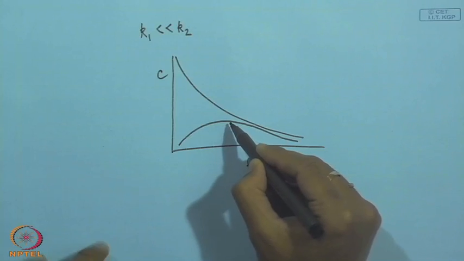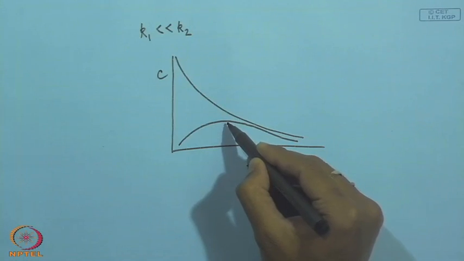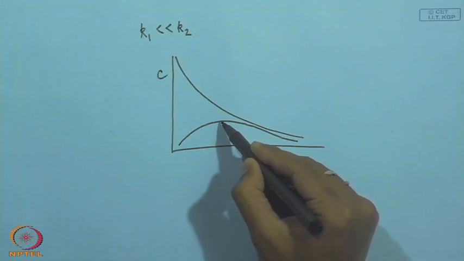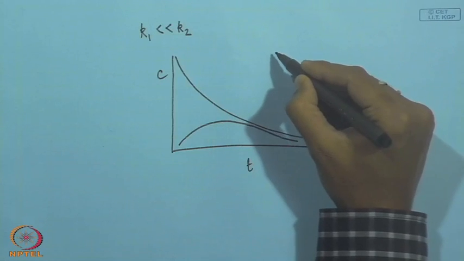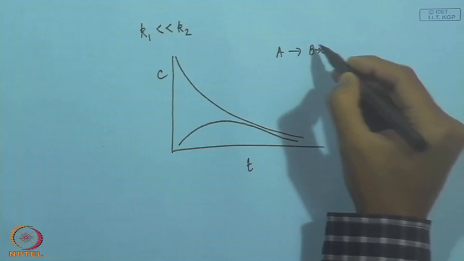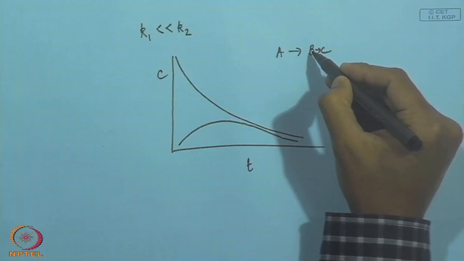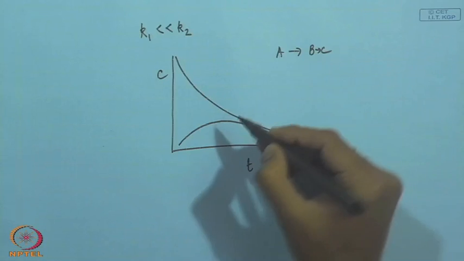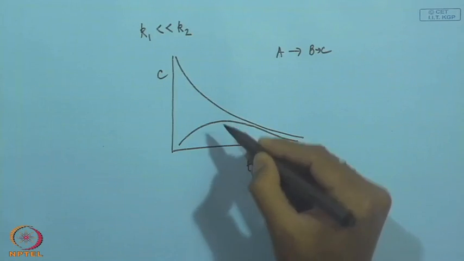It will not show a prominent maximum, because the moment B is created, it is quickly depleted to C. So, A to B to C. The concentration of B is not built up to a sufficient extent, as a result of which it is less.